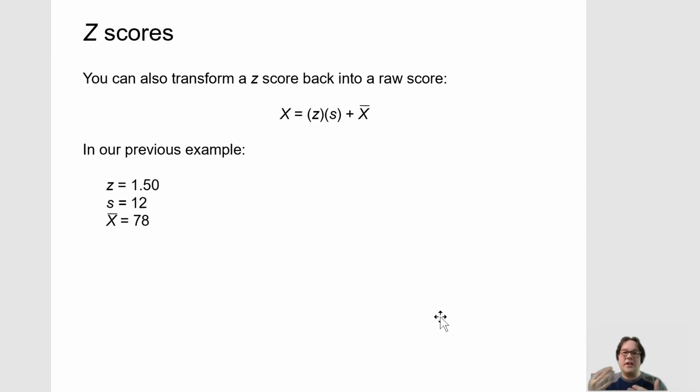The standard deviation for the exam was a 12, and the mean for the exam was a 78. So all we have to do is plug and chug at this point. So we plug in our z-score of 1.5, we plug in our standard deviation of 12, and we add the mean, and we end up with a 96, your raw score on the exam.